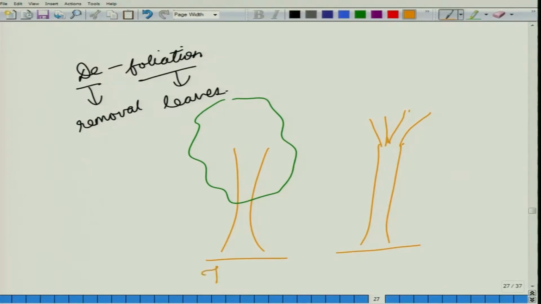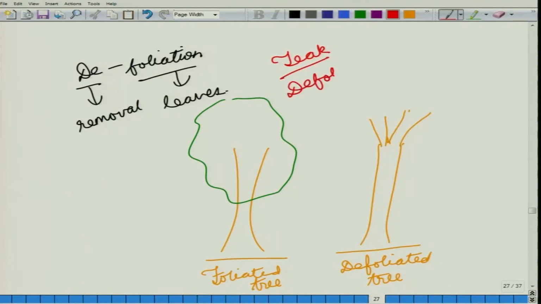So, this is a foliated tree and this is a defoliated tree. Now, a tree might be defoliated because of a number of reasons. For instance, in the case of teak, we have some insects called defoliators and some other insects called skeletonizers.